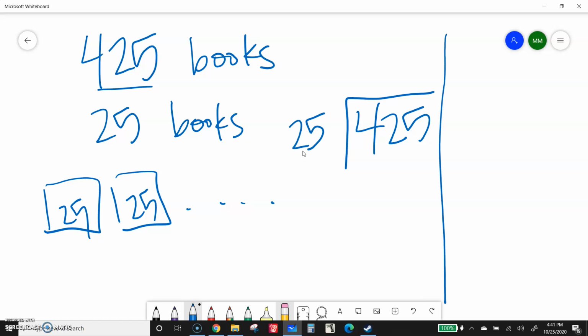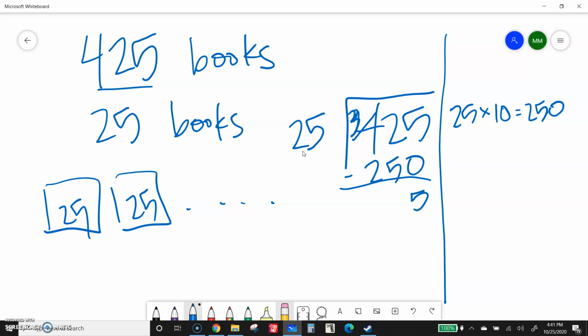See if I can squeeze in partial quotients. So I know 25 times 10 is 250. So let's subtract that. That's 175. I can't fit another group of 10, but let's see. Let's do 25 times 5. Now 5 is half of 10, and half of 250 is 125.